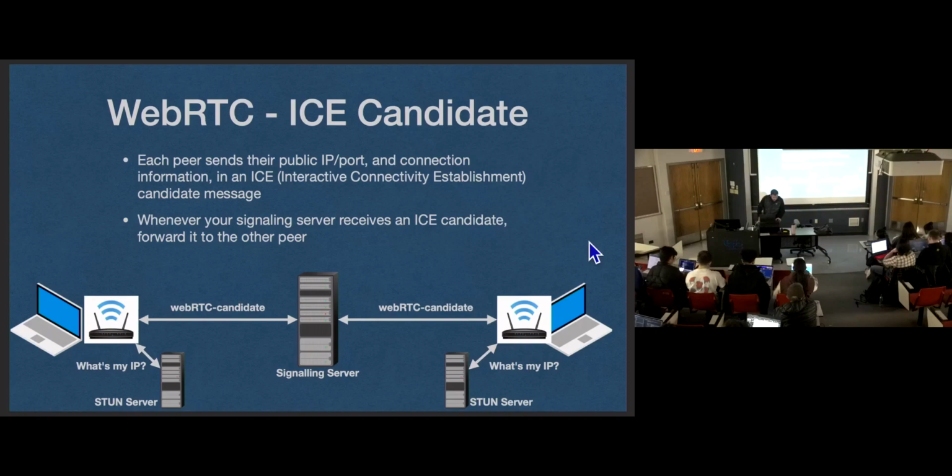Does a client who answers need to use a STUN server too? Yes. Yep. These are both going in both directions. So you send an offer, an answer, then both clients are going to go to their STUN servers, generate all these WebRTC candidates, and these WebRTC candidates are going to be flying back and forth.